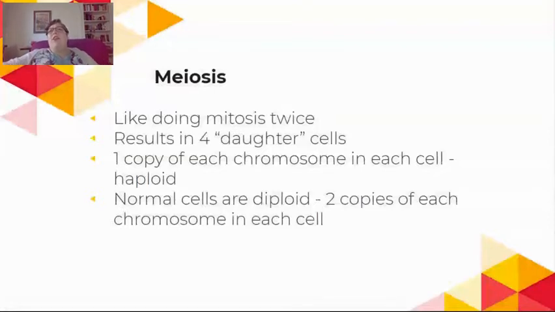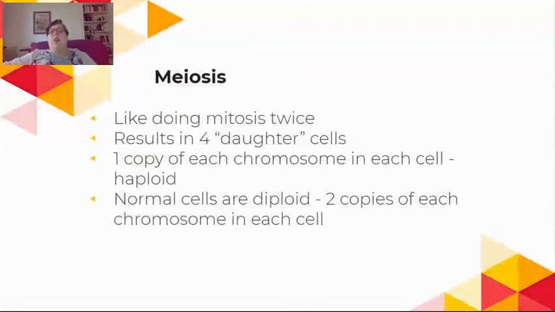So you have to have some kind of reproductive mechanism that includes cutting the normal amount of DNA in half so that then you can combine half the DNA from one parent and half the DNA from the other parent to get one complete organism that has the correct amount of DNA. And that process is called meiosis.